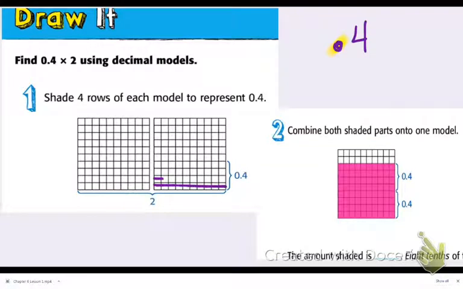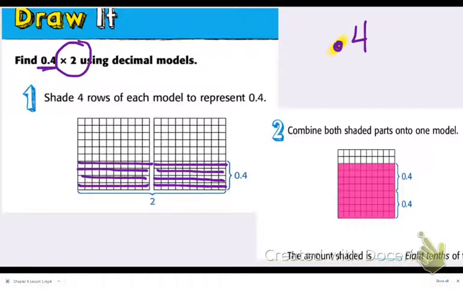Well, here's 1, 2, 3, 4. And I don't have 1. I'm going to go ahead and color in 2 models because I'm timesing it by 2. So again, the problem tells me 4 tenths times 2. Well, I have 4 tens out of 100, and I did that twice.